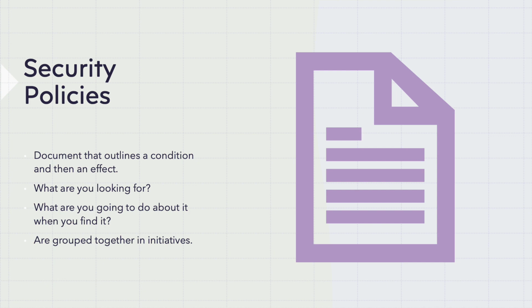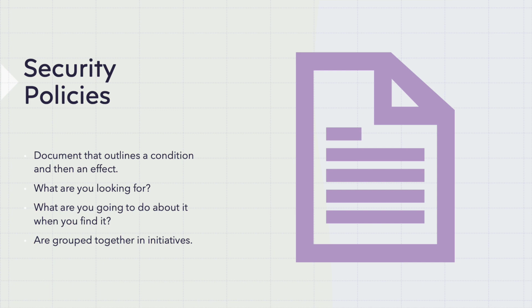Security policy is a document that outlines a condition and then an effect. Security policies ensure that everyone shares a common definition in terms, understands roles and responsibilities, and has a set of governance rules to follow. So you're saying, what are you looking for?